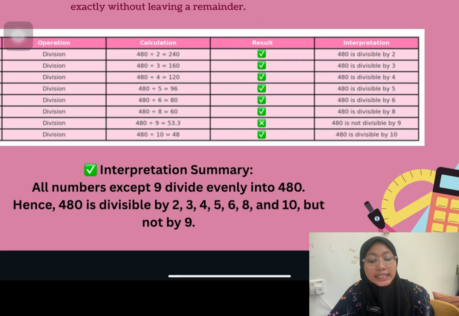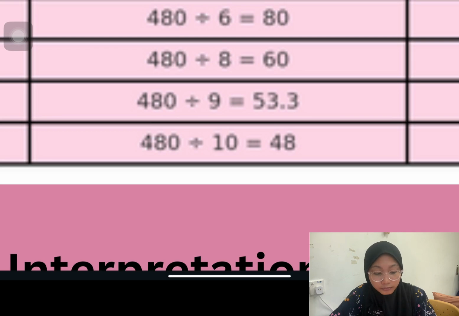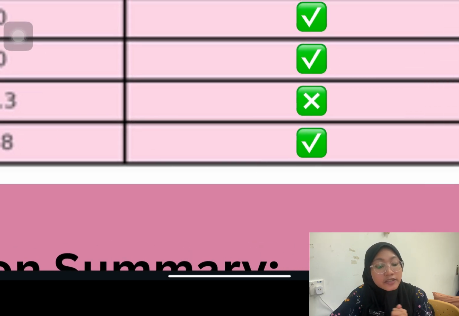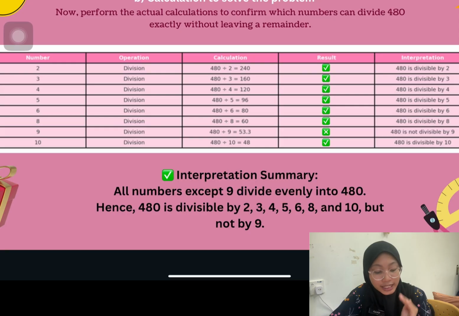So the operation is division. Then calculation, the numbers themselves, and result and interpretation. As you can see, the result is every number is divisible except for 9. 480 is not divisible by 9, since the answer of 480 divided by 9 is 53.3.